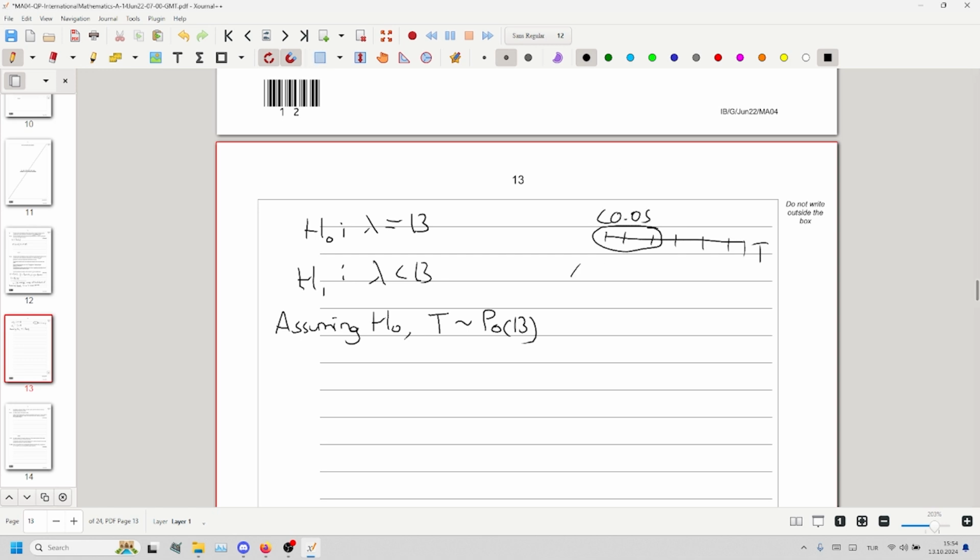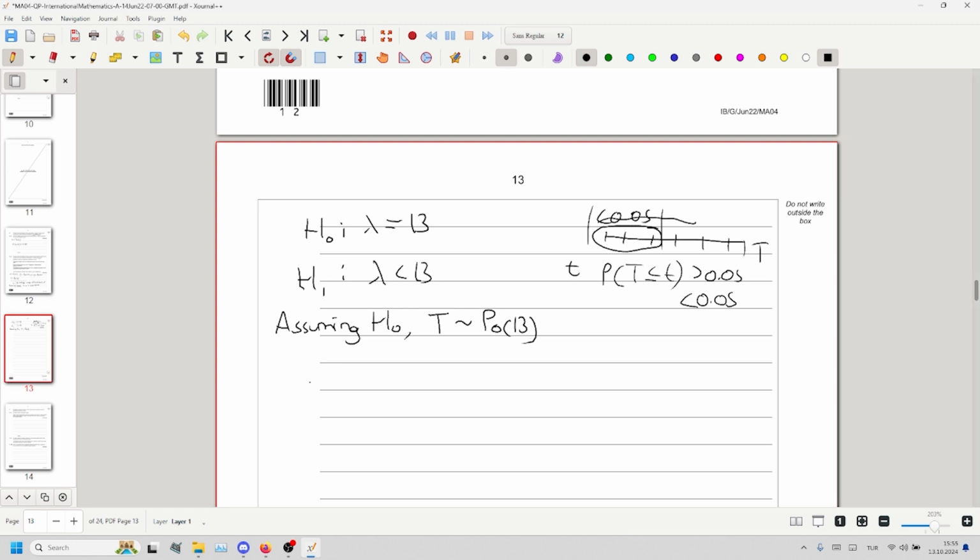So in this case, for a given test value t, the probability that our random variable T is less than or equal to t, if this is greater than 0.05, then we know that it lies in the acceptance region. If it lies less than 0.05, we know that it lies in the critical region.